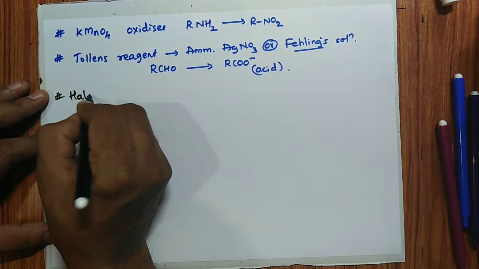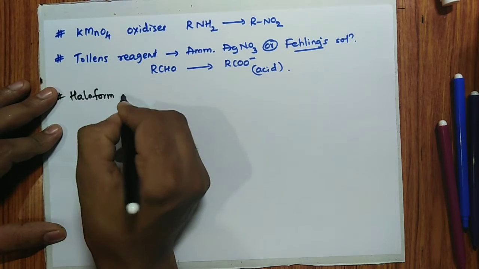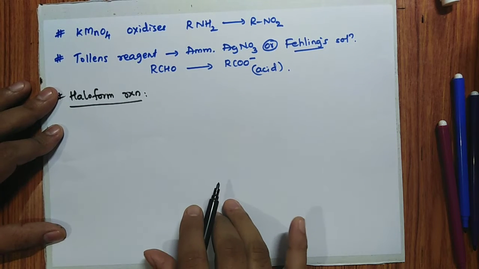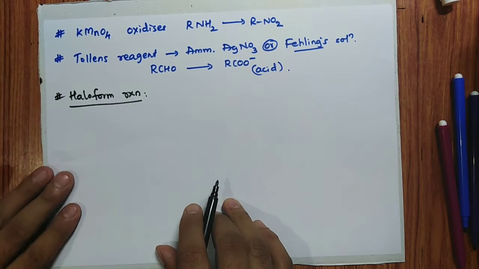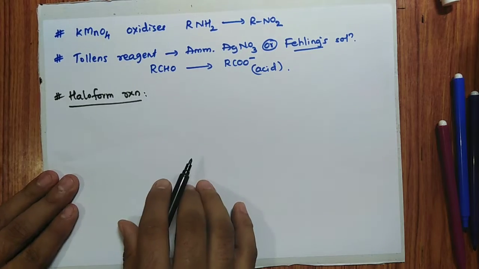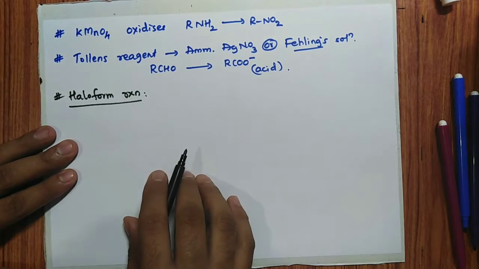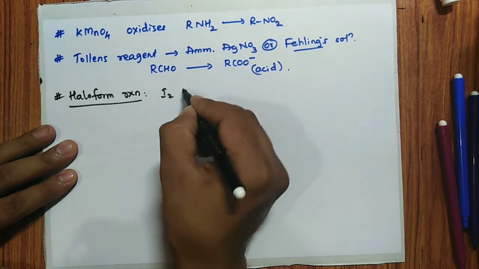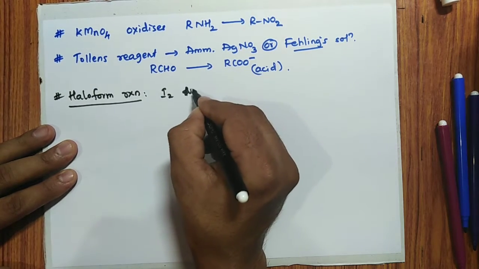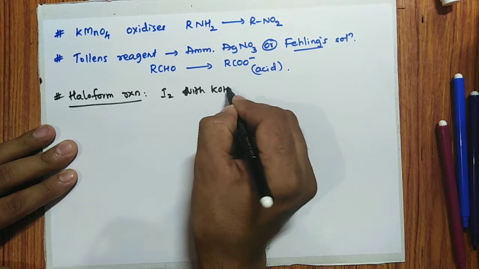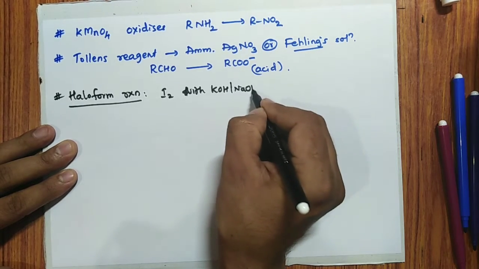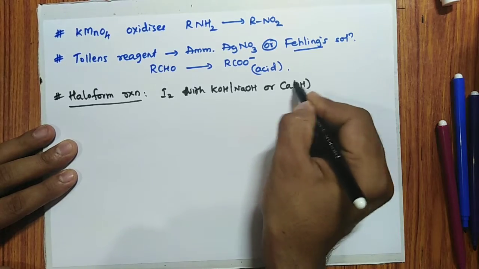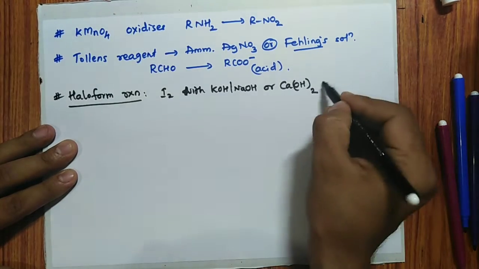Then haloform reaction. Haloform reaction is another very important concept in organic chemistry. If possible, I will give you a separate video on this haloform reaction in the later part. So which is the haloform reagent? Reagent is I2 with, remember, KOH or NaOH, alkali, or you can say calcium hydroxide, Ca(OH)2.